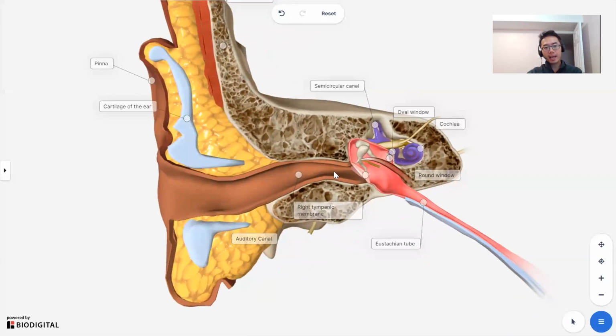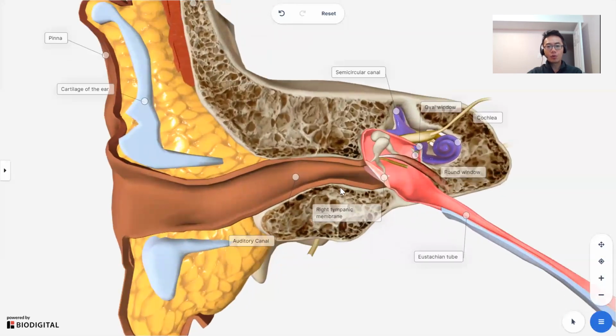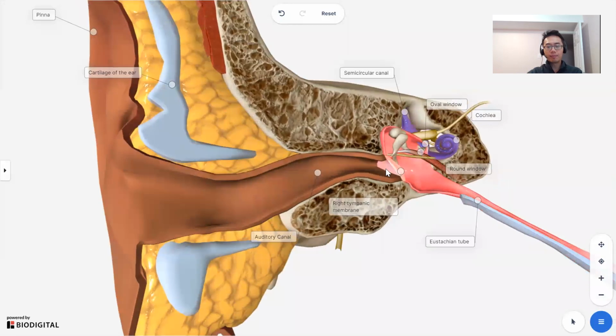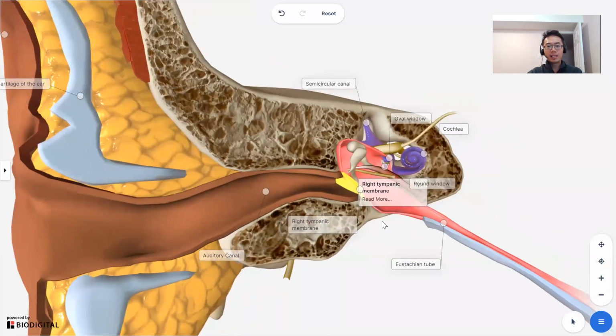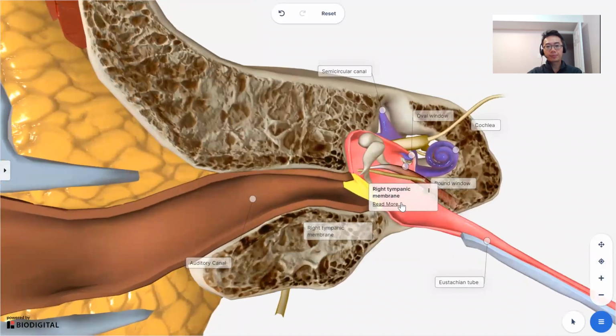And then at the end of the auditory canal is going to be your eardrum, okay, which is this part right here. Okay, fancy word for eardrum is the tympanic membrane. So the tympanic membrane will move as a result of sound waves, and it basically converts sound energy into movement.